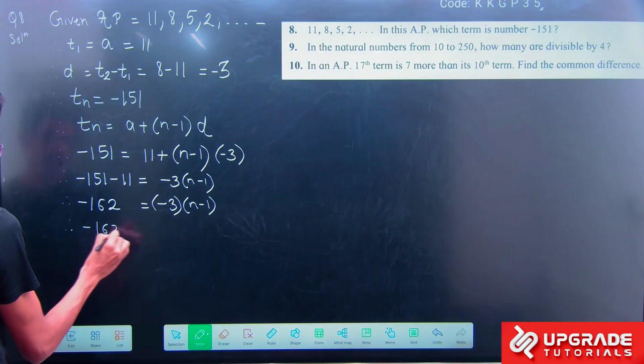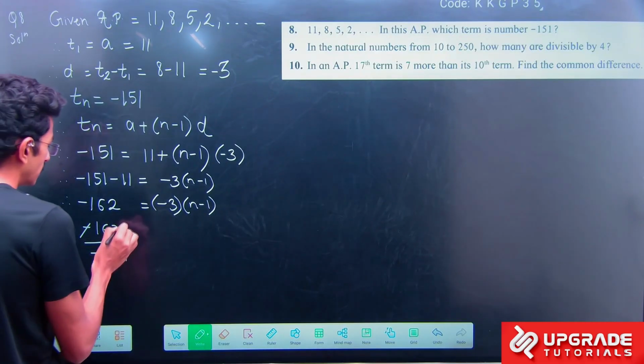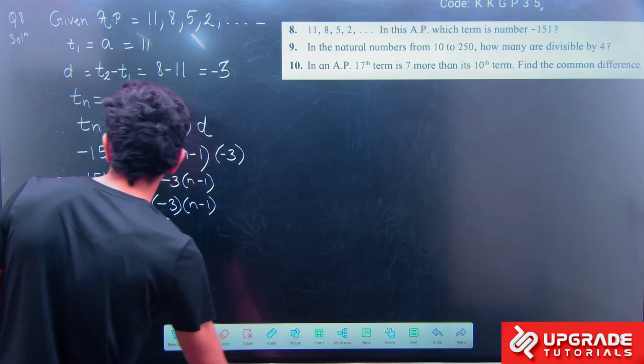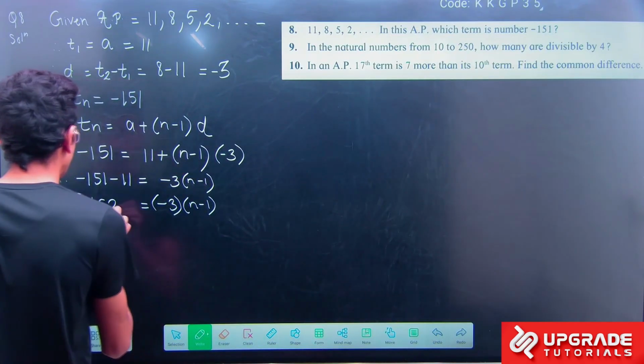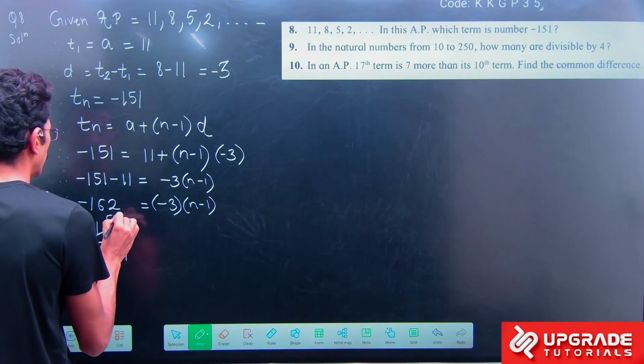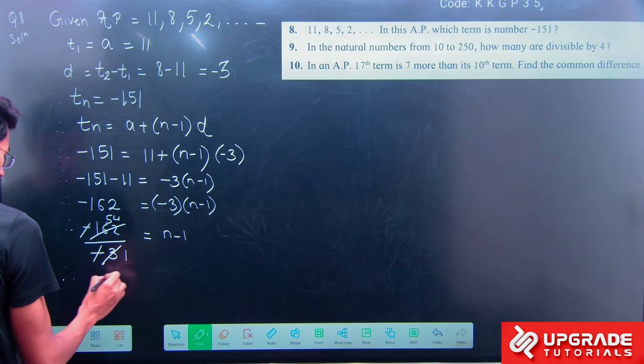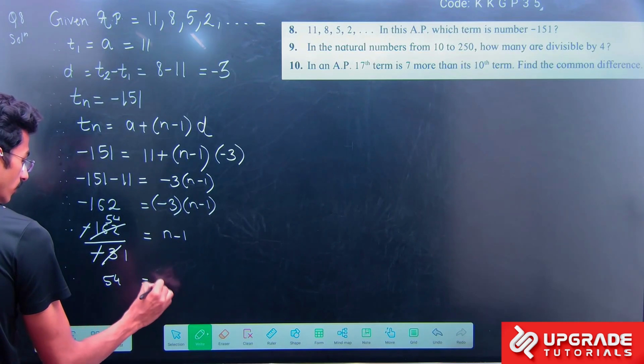Minus 162 upon minus 3, minus minus cancel, 3 ones are 3, 3 fives are 15, 3 fours are 12. So 54 is equal to n minus 1.